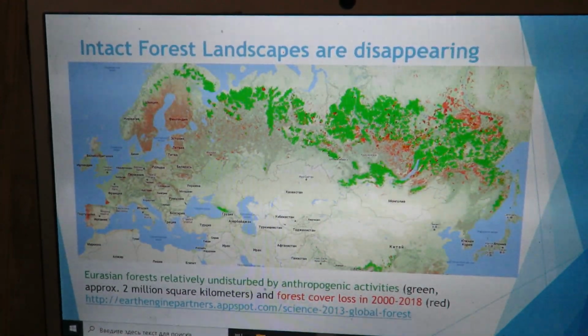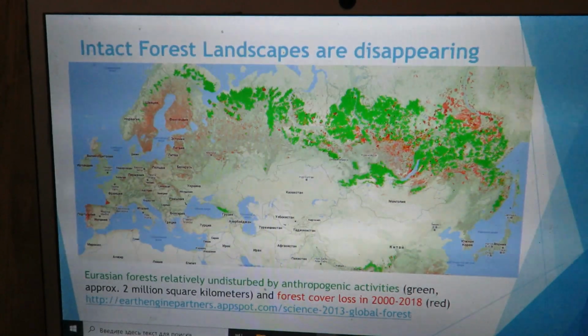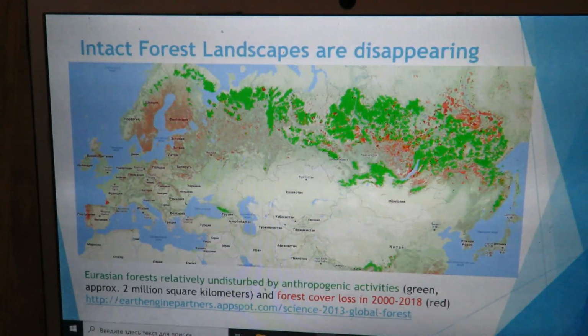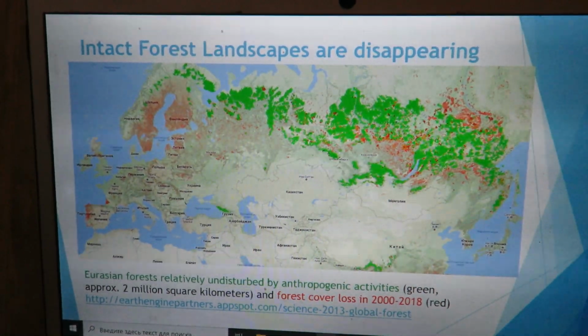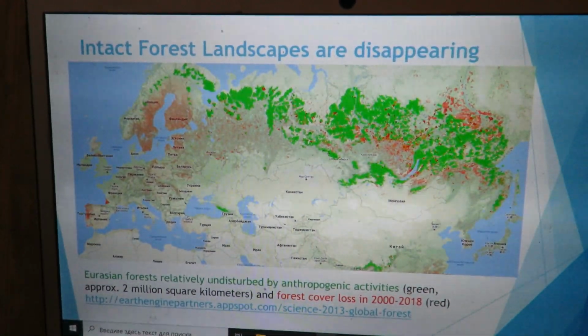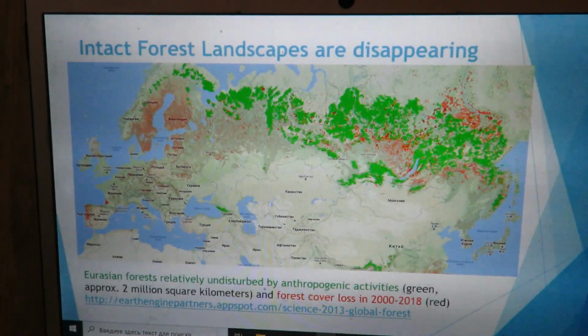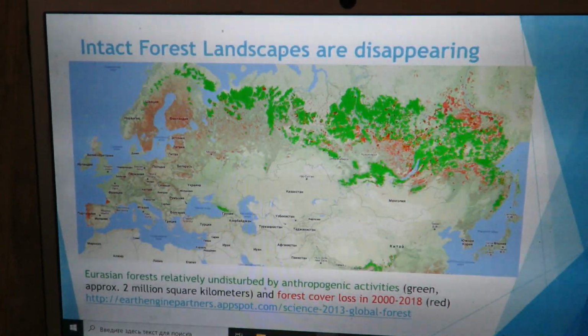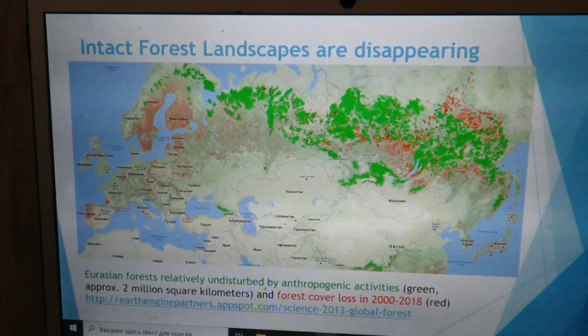So definitely what we need to preserve as one of the pillars of the water cycle stability is this relatively intact forest belt of Eurasia.